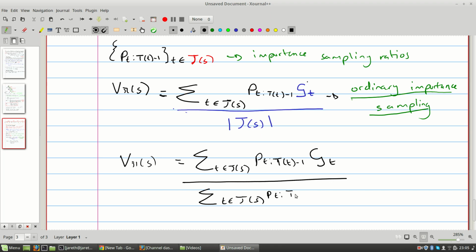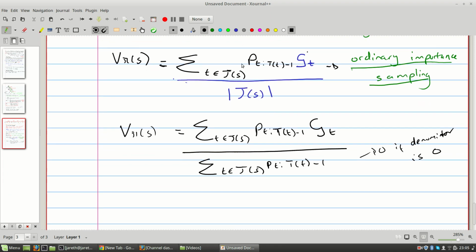This is what we're weighing using, and it's 0 if the denominator is 0. So what do we actually call this? This is known as weighted importance sampling.